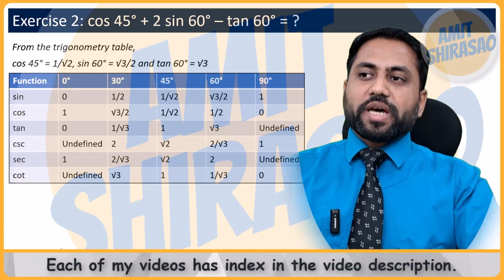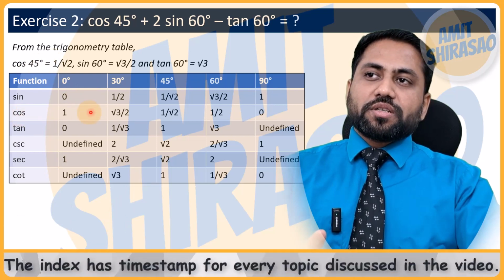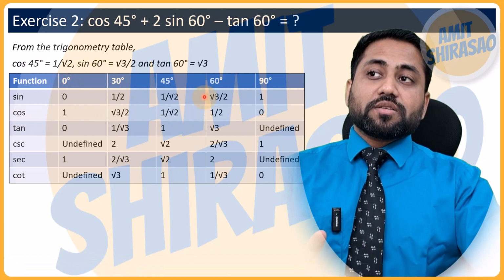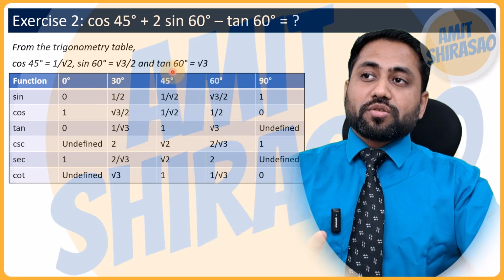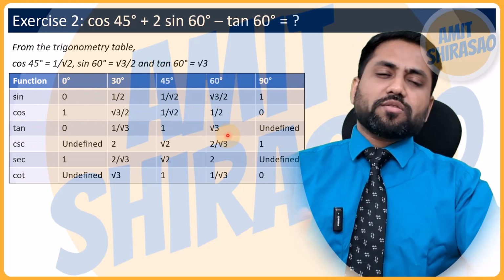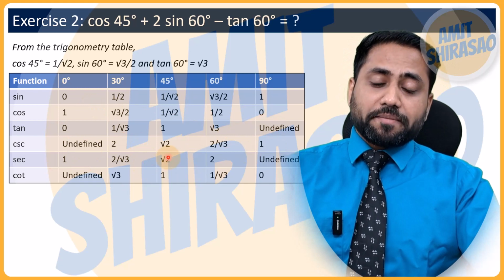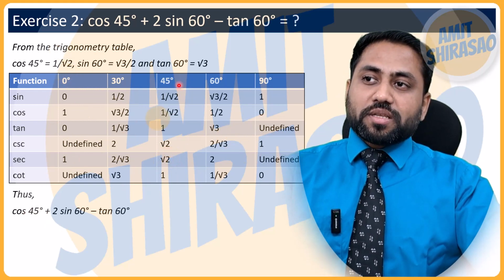Once you do that, you know that cos 45 degrees is what? It is 1 by root 2. Sine 60 degrees is root 3 by 2. Tan 60 degrees is root 3. You know it because you have drawn this table already. Then you just put these values in.